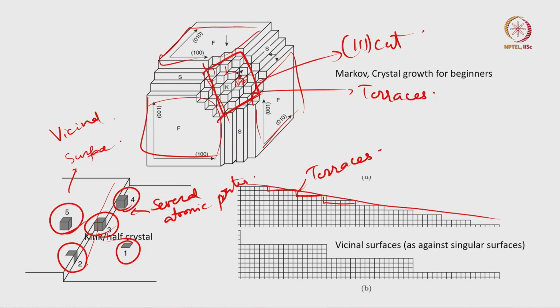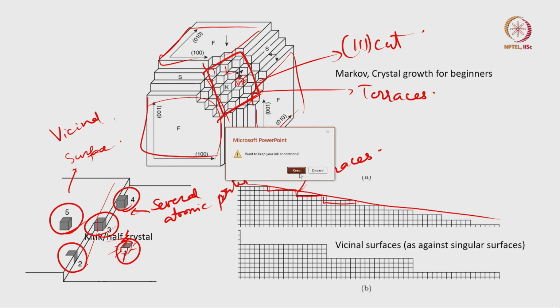So the number of dangling bonds in site number 1 is 1, and the number of bonded bonds are 1, 2, 3, 4 and 5, right. The other 5 faces of the cube are bonded, one face of the cube is unbonded. So I have one dangling bond.